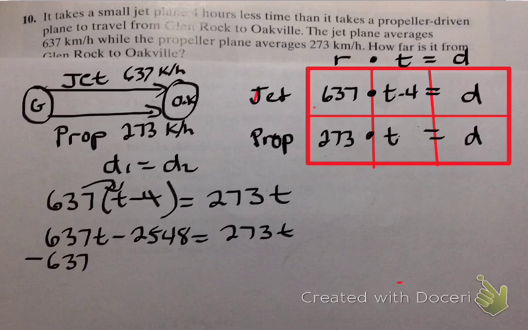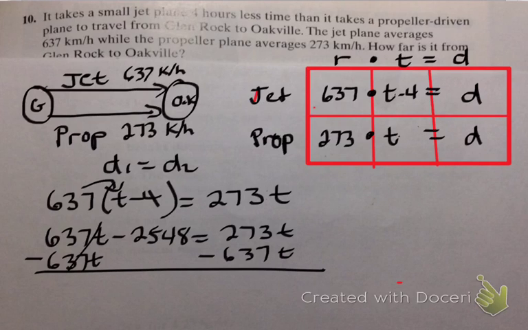Subtract 637T. Now, if you are subtracting negative 2548 and you don't have a calculator, please write it out properly with the bigger number on top.